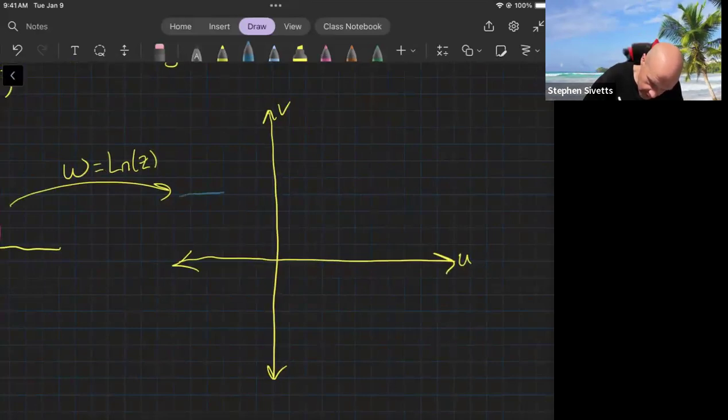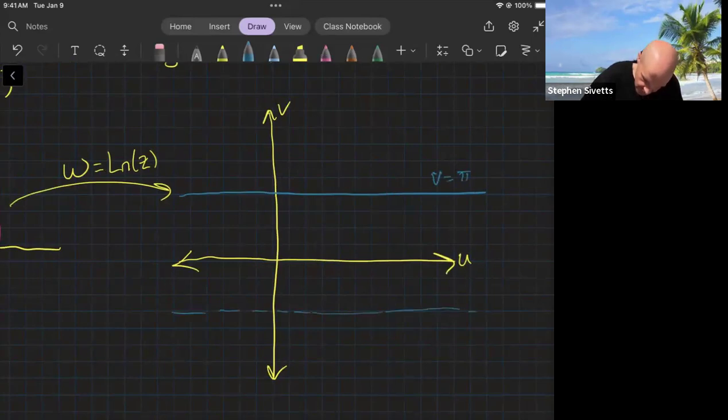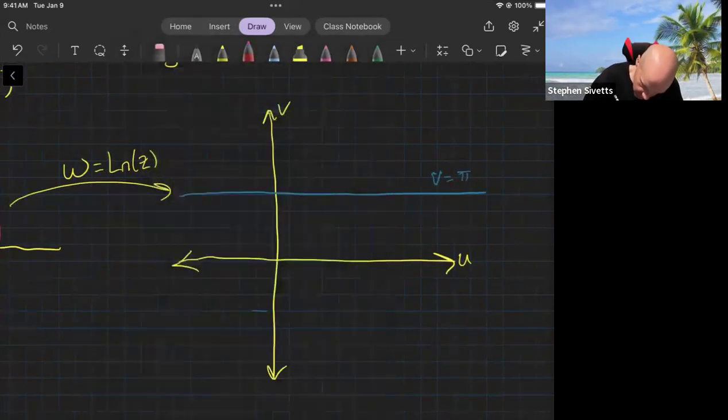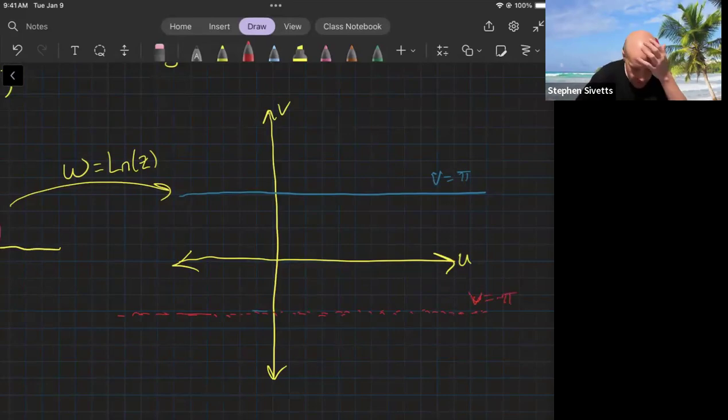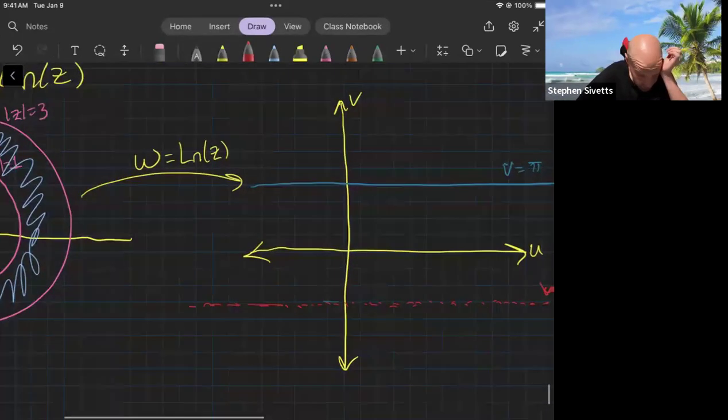So we'll have v equals pi here, and then we'll have v equals minus pi here. And so this is the region that we're seeing here.